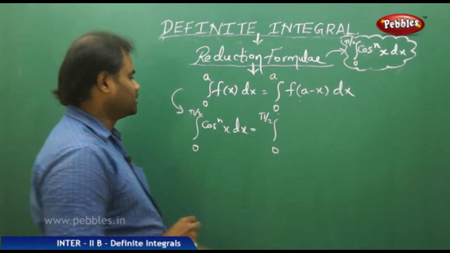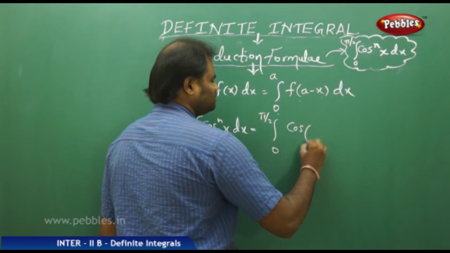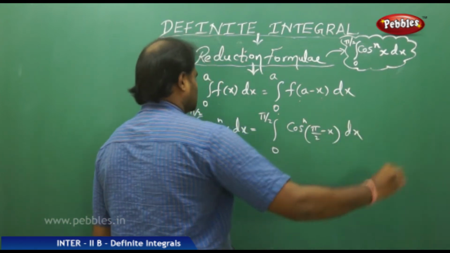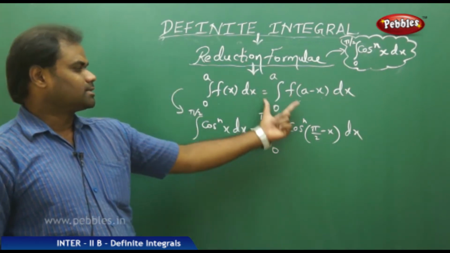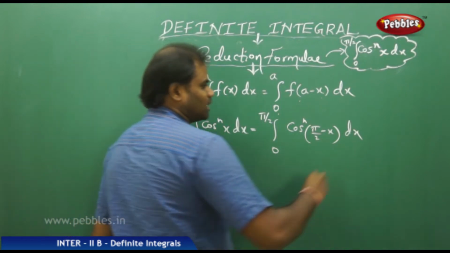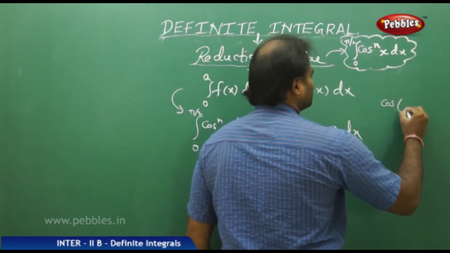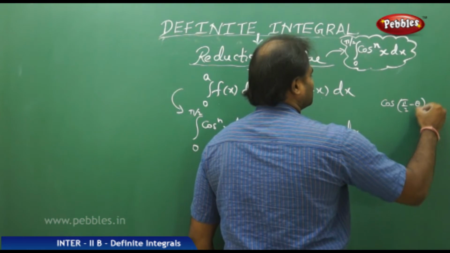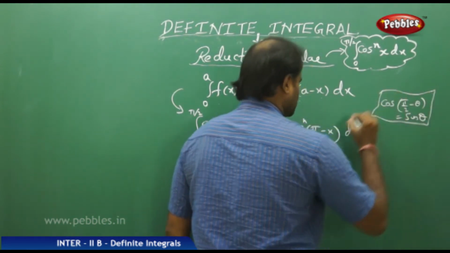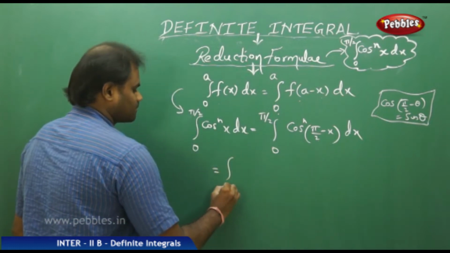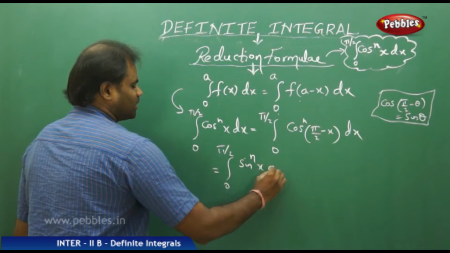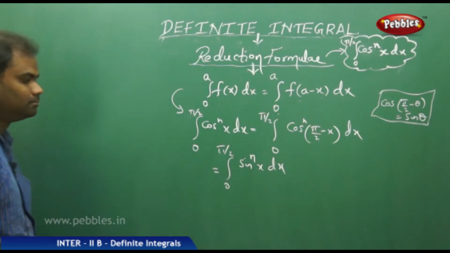So the right hand side is substituted with the left hand side, and I get this. And as I know that cos of 90 minus theta is sine theta, this reduces to integral 0 to pi by 2 of sine power nx dx.